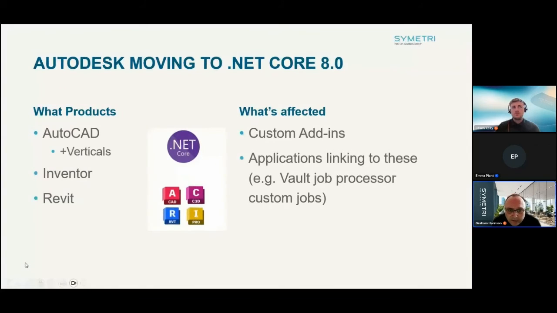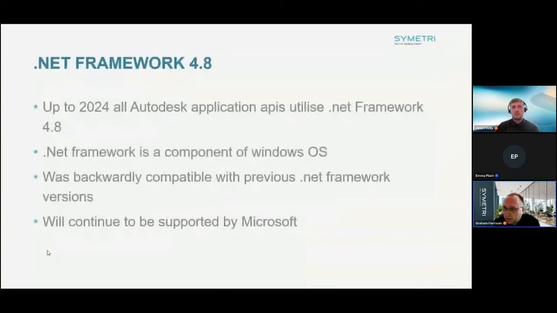So we can think of .NET as basically the core engine that our application add-ins are running on. Some of the common dialog boxes for file open, file save, and the like are all based on .NET. And previously this has been .NET Framework 4.8.